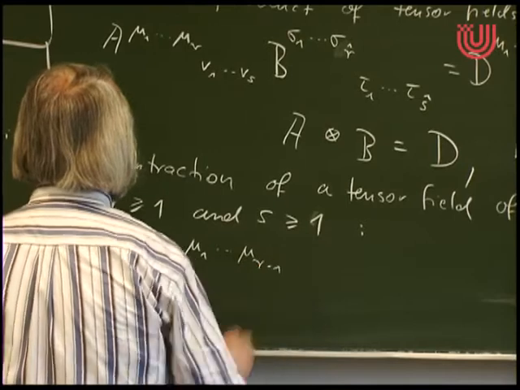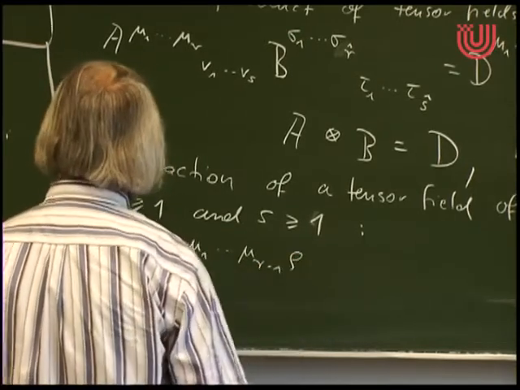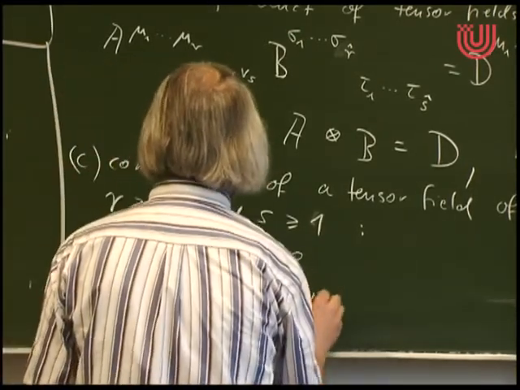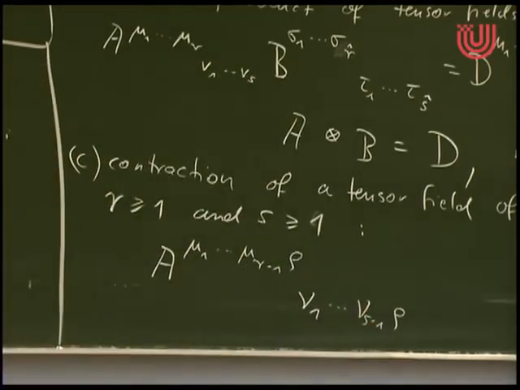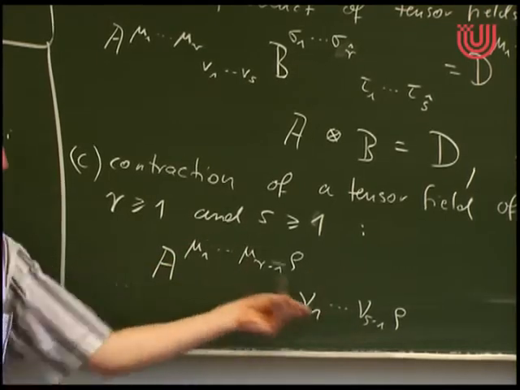mu 1 to mu r minus 1, and the last one I call rho. And I sum over this thing. So the rho is away, it's summed away.